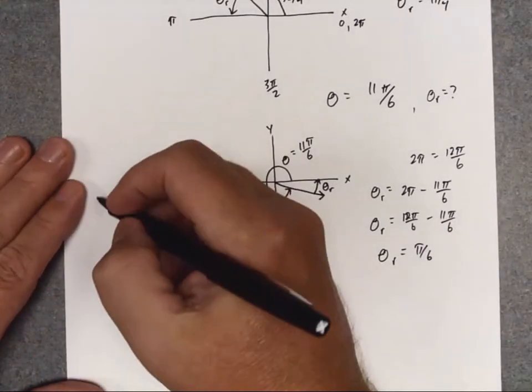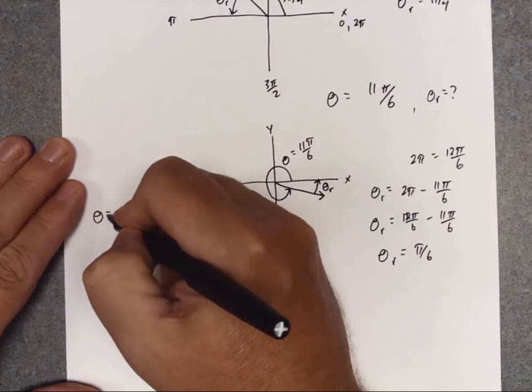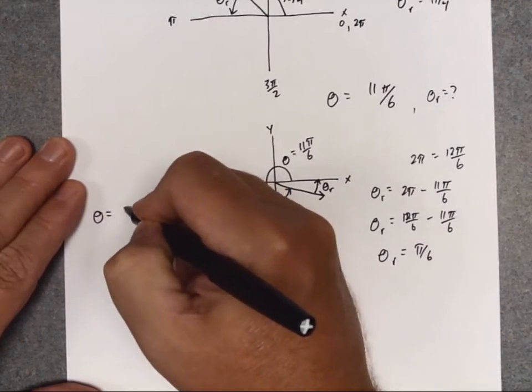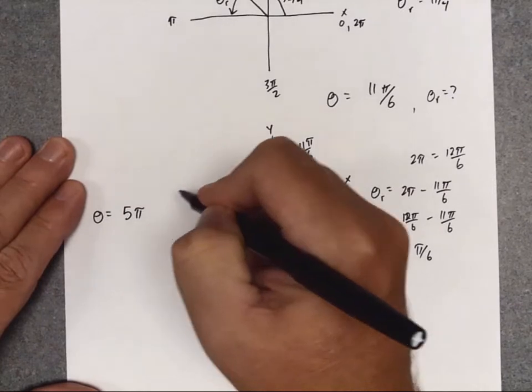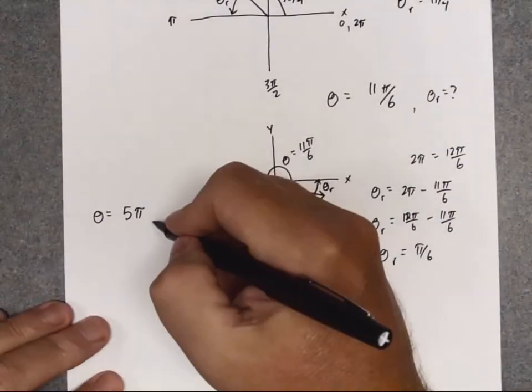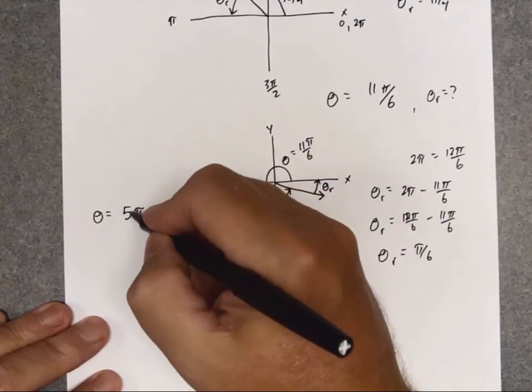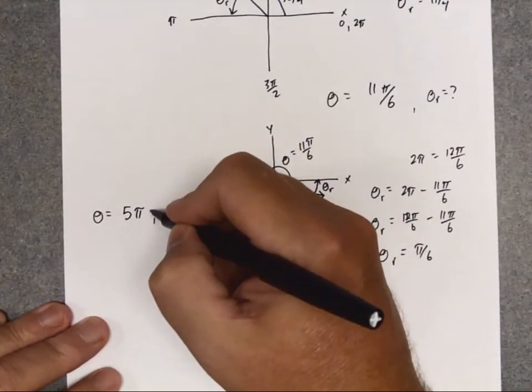Let me go over here. If I say my angle is 5 pi, no, I don't want to do that.